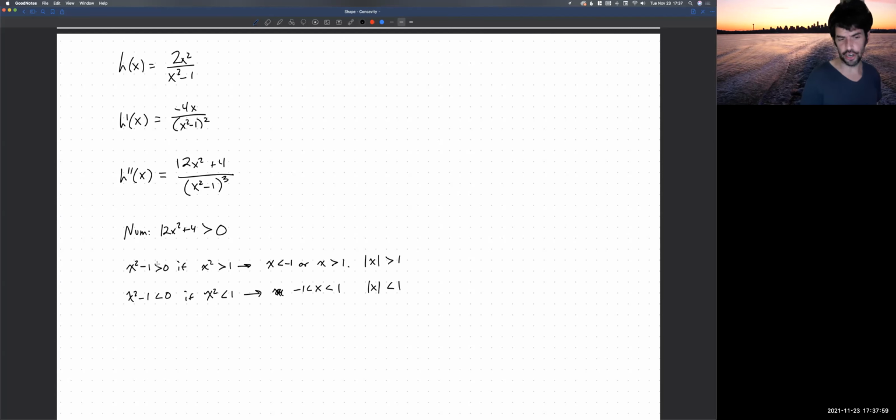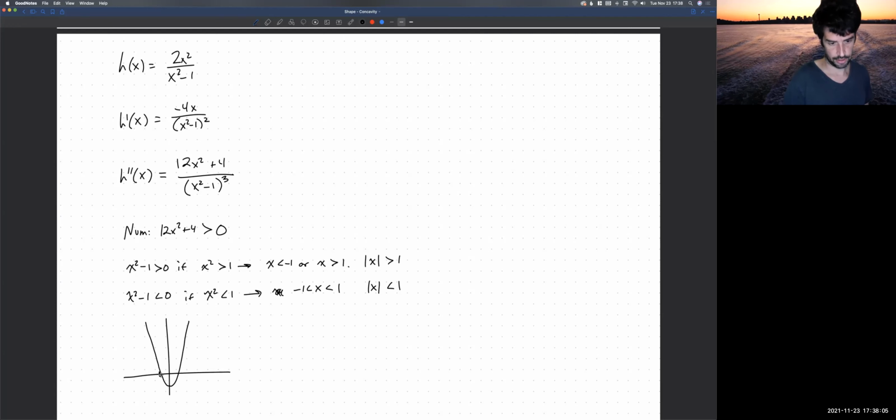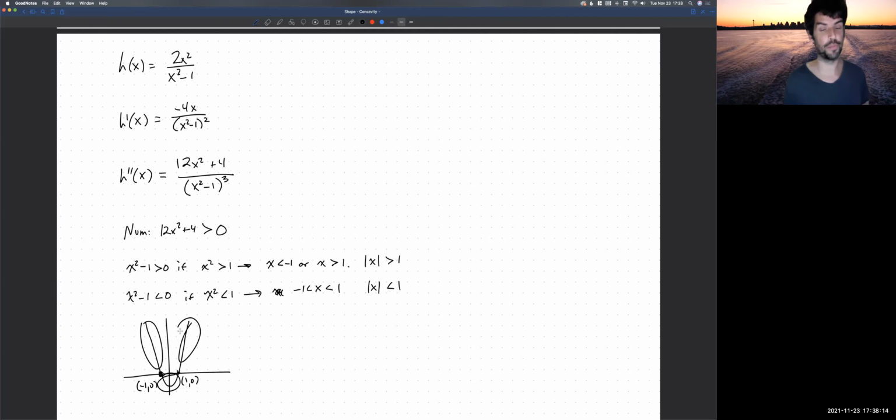Similar here. You can also think of x squared minus 1 as a parabola. Its two roots are negative 1, 0, and 1, 0. Between the two roots, it's negative. Outside the two roots, it's positive. Okay, so that's another way to look at this.